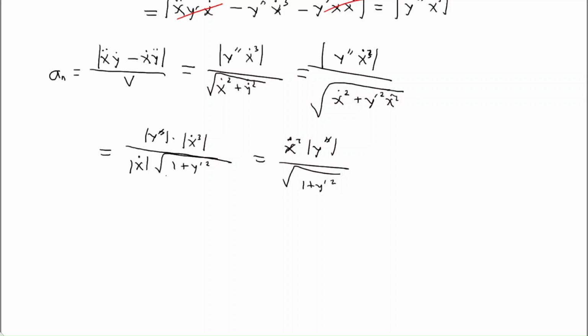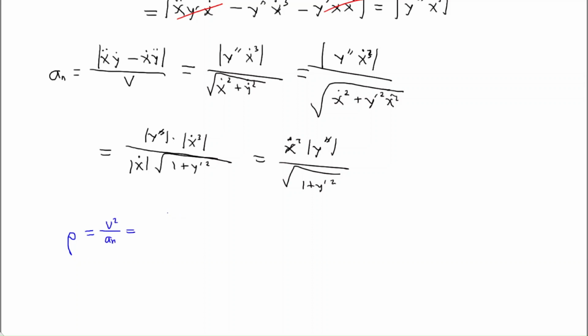All right, finally, or almost finally, now we can get back to our formula for rho. Rho is going to be equal to v squared over a sub n.